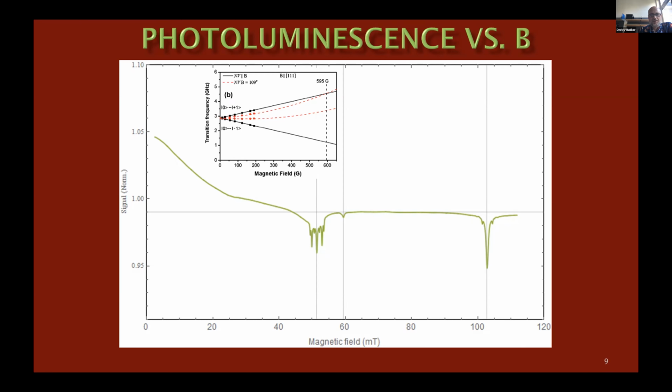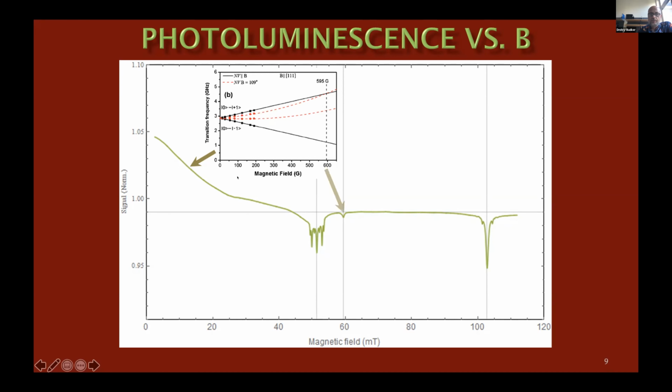Most of these features are well understood. Some of them are still not quite identified. For example, this overall decay of fluorescence at low field has to do with the NV centers that are not parallel to the magnetic field, but at an angle, and there occurs, you see, this nonlinear Zeeman shift, and mixing between sublevels that reduces the fluorescence contrast, and that's why you see this overall decline.